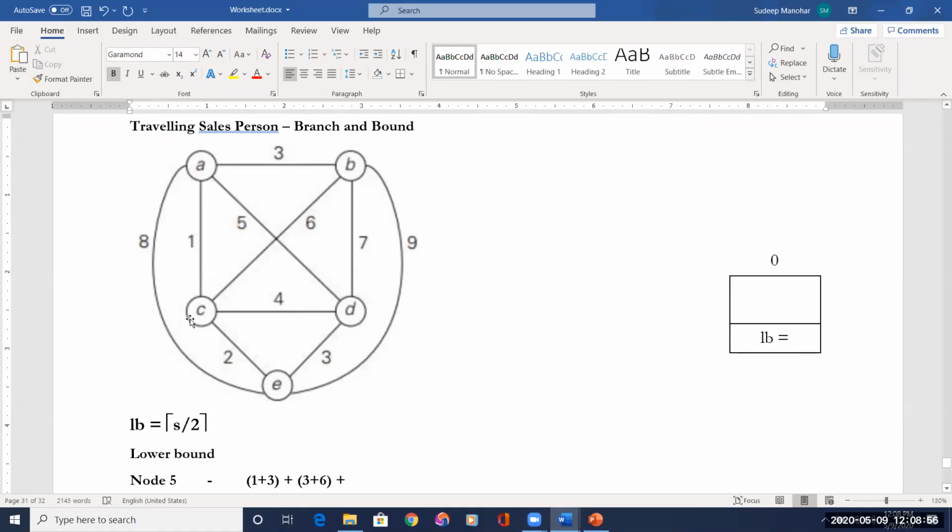Okay. Next, what about C? For C, the minimum is 1 and 2. Okay, but you're supposed to consider this 6, the B to C edge. It is compulsion. Therefore, it is 1 plus 6. Plus, for D this A to B, B to C doesn't affect, therefore it is 3 plus 4 itself.